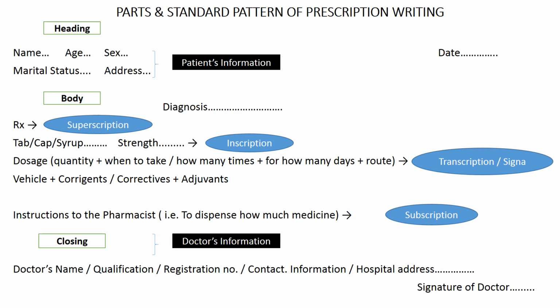In subscription, instructions to the pharmacist are given, that is to dispense how many medicines. In the closing part, the doctor's information is given, which includes the doctor's name, qualification, registration number, contact information, and hospital address. The signature of the doctor and stamp is given at the end.